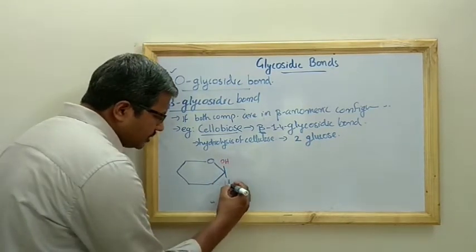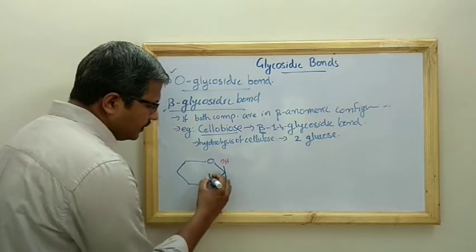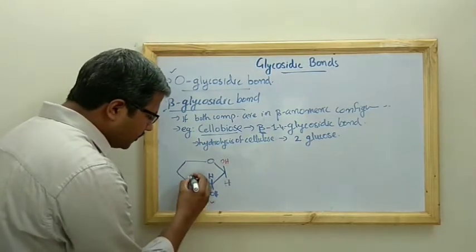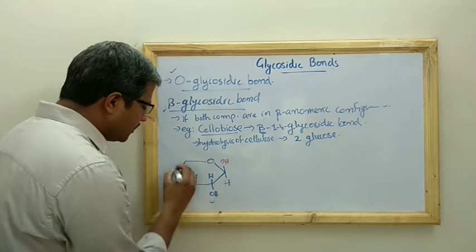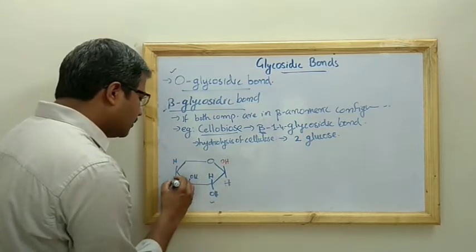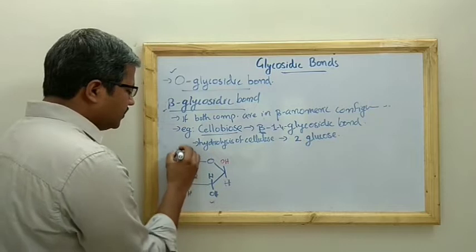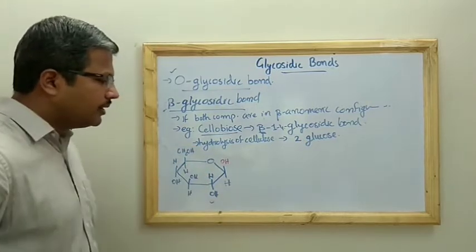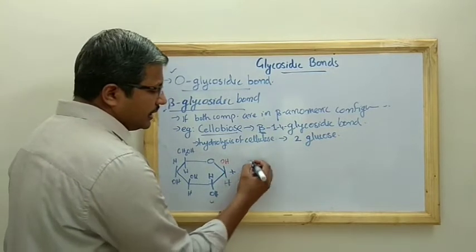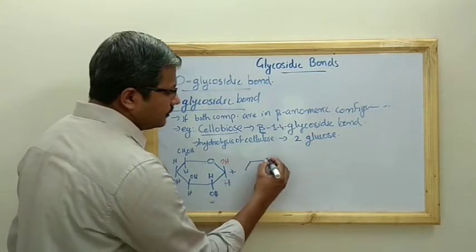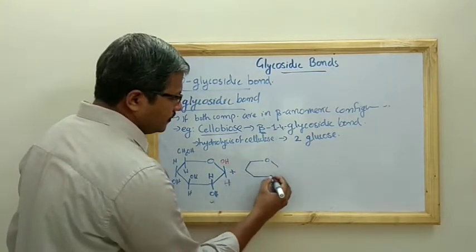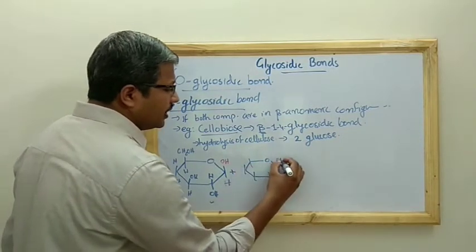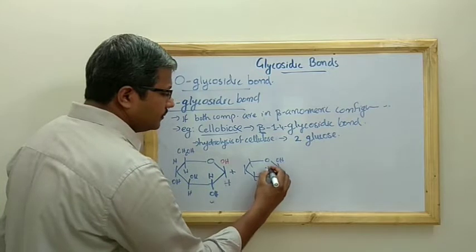And the remaining portion as such, whatever we have learned: H, OH, then OH, H, OH, CH2OH, H. Okay, this is now linked with another glucose unit, which is also in beta configuration.